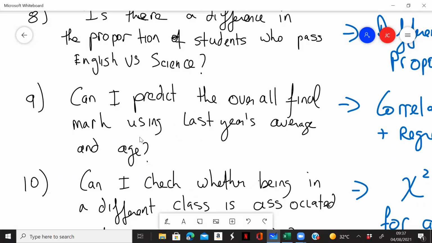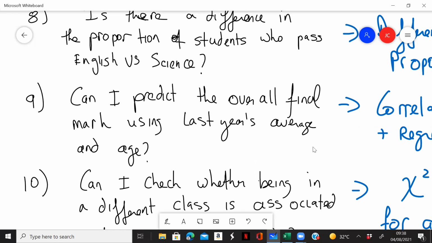Can we predict the overall final mark? Based on, for example, last year's average mark, based on their age, based on the mock exam, for example. And also, is there some form of linear relationship? Can we say, for example, that the older you are, the better your performance? Can we say that the better your average mark last year, the better your performance will be this year?